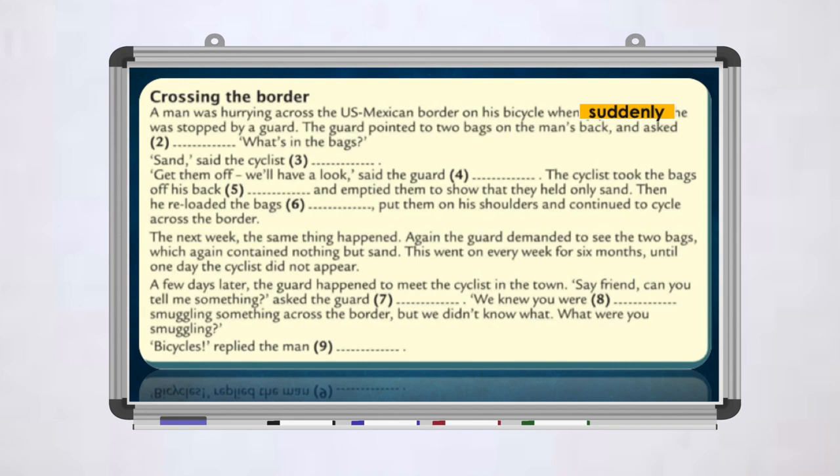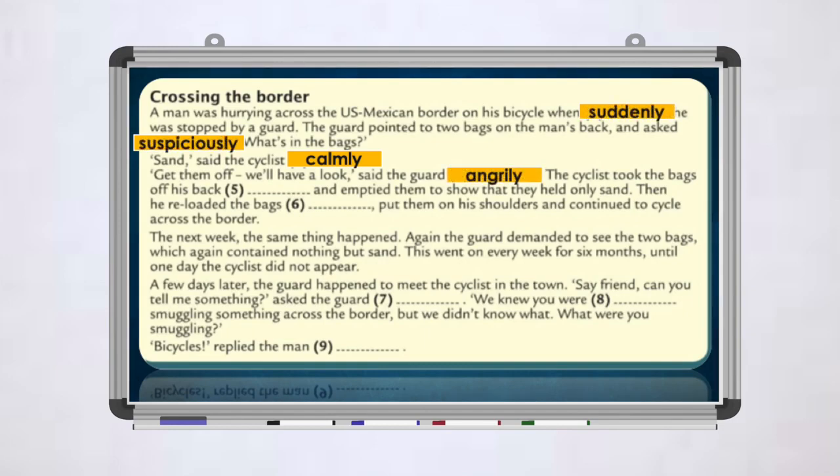The guard pointed to 2 bags on the man's back and asked, look for the word, suspiciously, what's in the bags? Sand, said the cyclist. Look for the appropriate word, calmly. Get them off. We'll have a look, said the guard angrily.